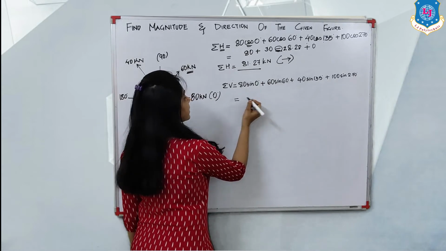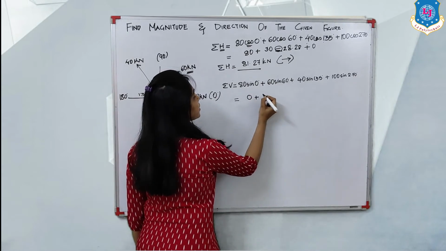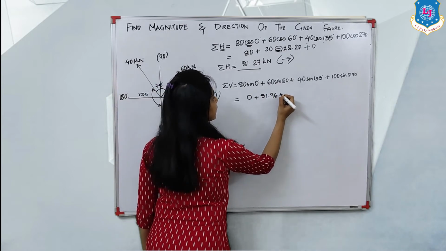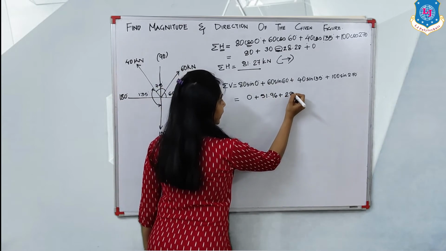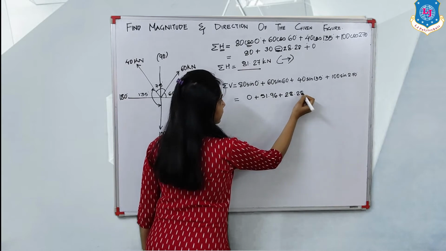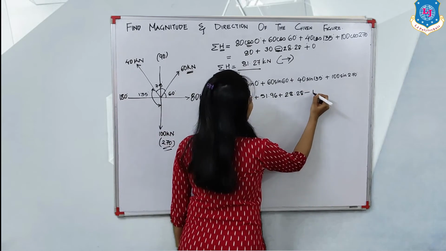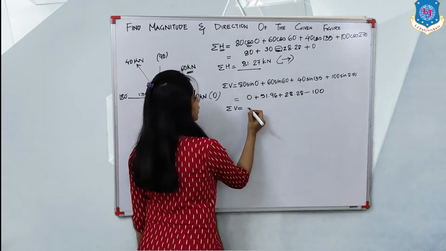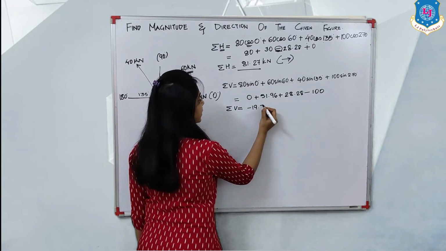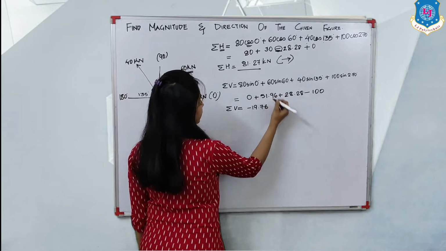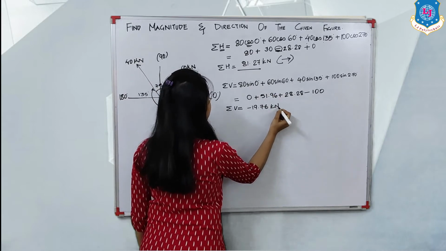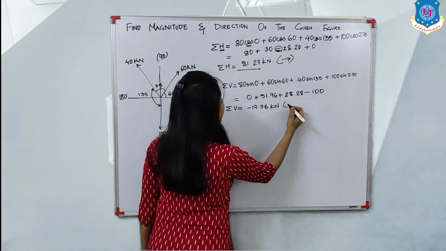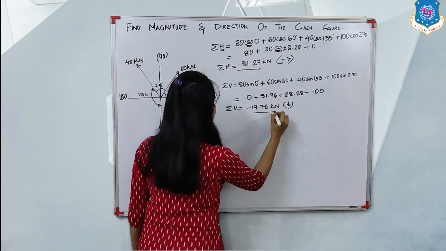So here I get 0 plus 51.96 plus 28.28 minus 100. Here sigma v is minus 19.76. The unit will be kilonewton. As the answer is negative, our sign indication will be down.